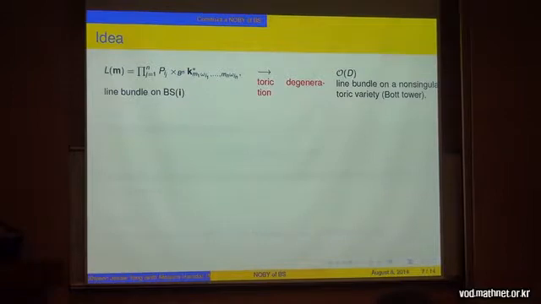So the idea is that we use a certain toric degeneration of this line bundle as well as the Bott-Samelson variety, and we found a very explicit description of these degenerations.